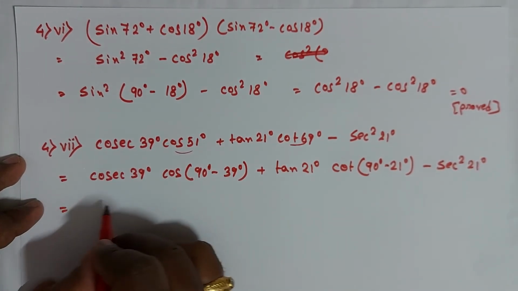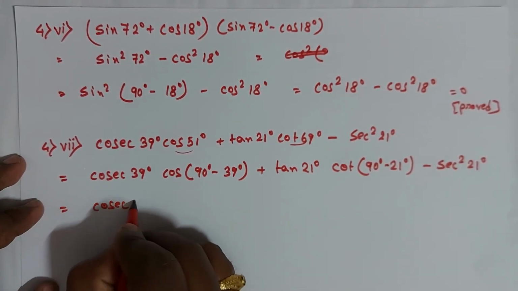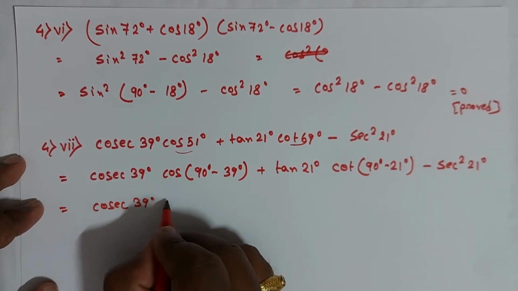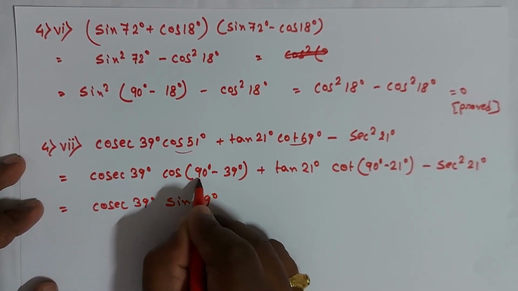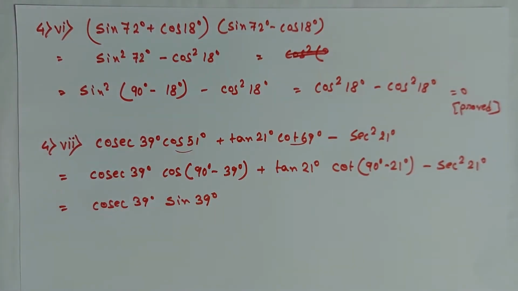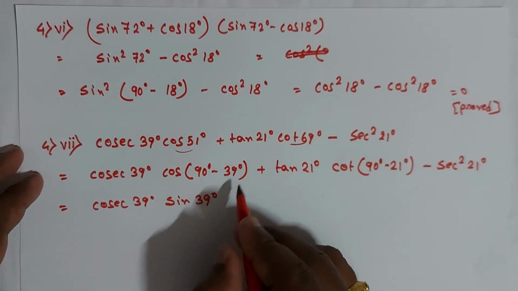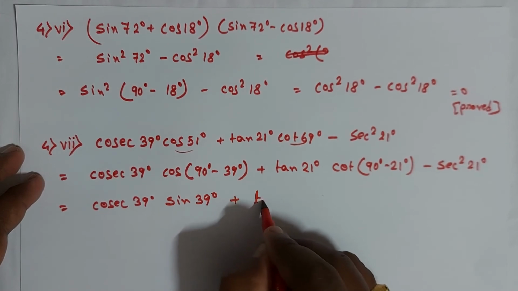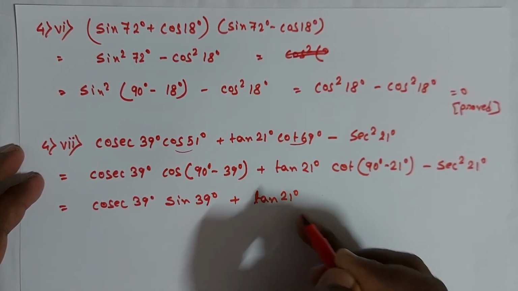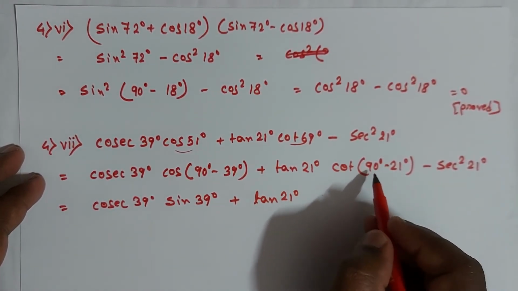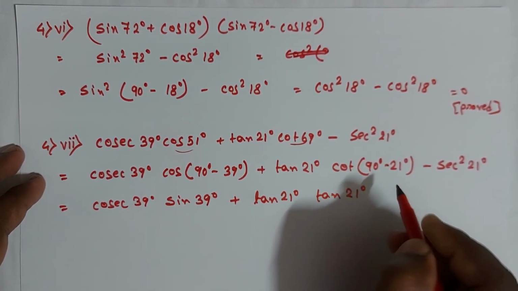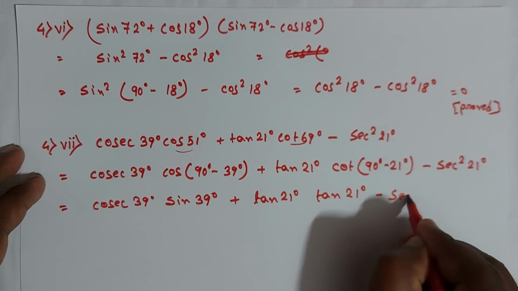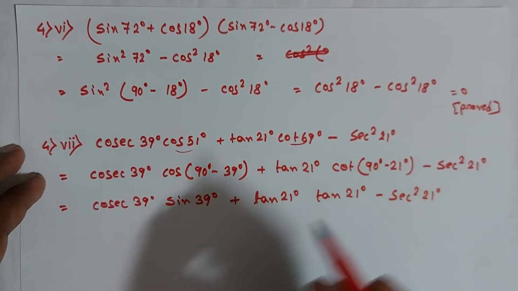So cosec 39 degree into sine 39 degree, since cos of 90 minus theta is equal to sine theta, here theta value is 39. Then tan 21 degree into cot of 90 minus theta, that means tan theta, so this is tan of 21 degree, minus sec square 21 degree.